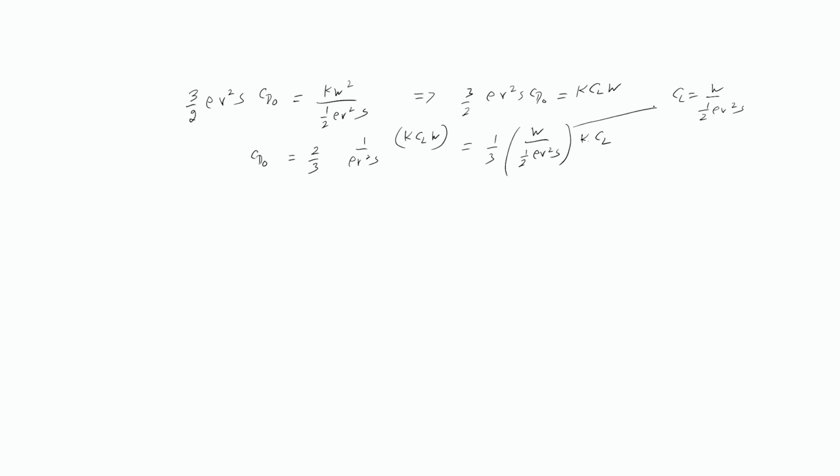Now this is again CL. So CD naught we get 1 by 3 K CL square.